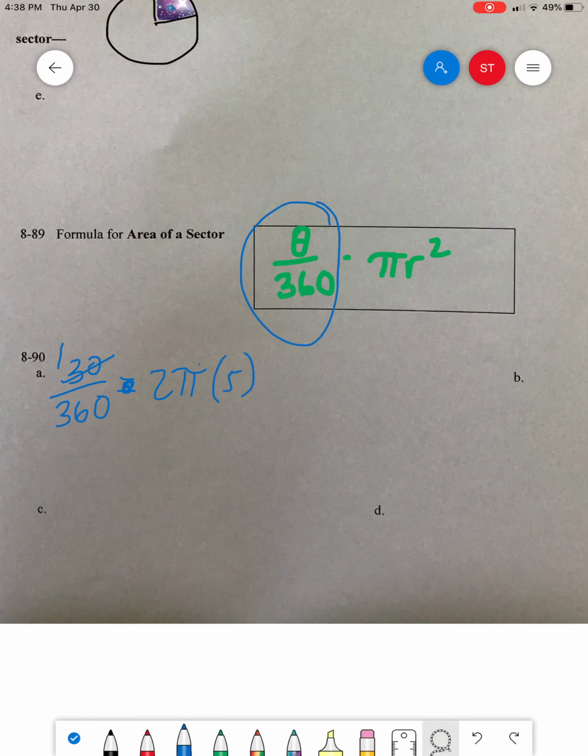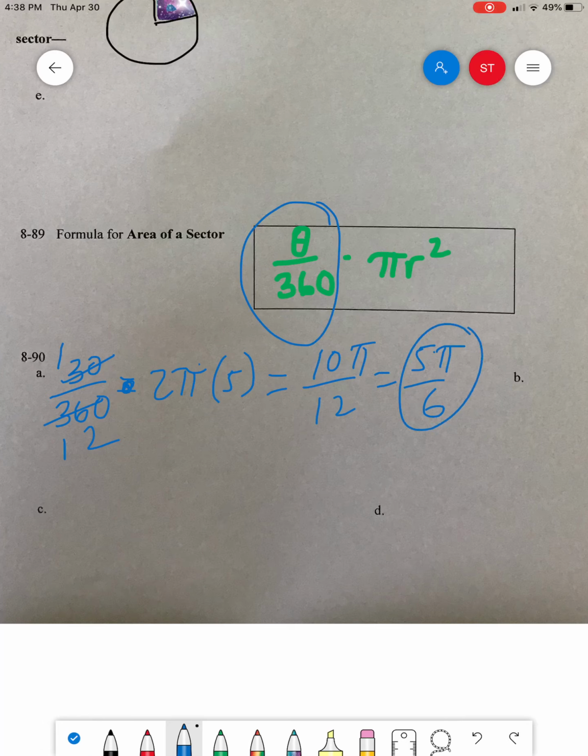Again, we learned that's 1/12. This is 10, so we're left with 10 pi over 12. And then we can reduce it to, is that right? Yeah, 5 pi over 6.